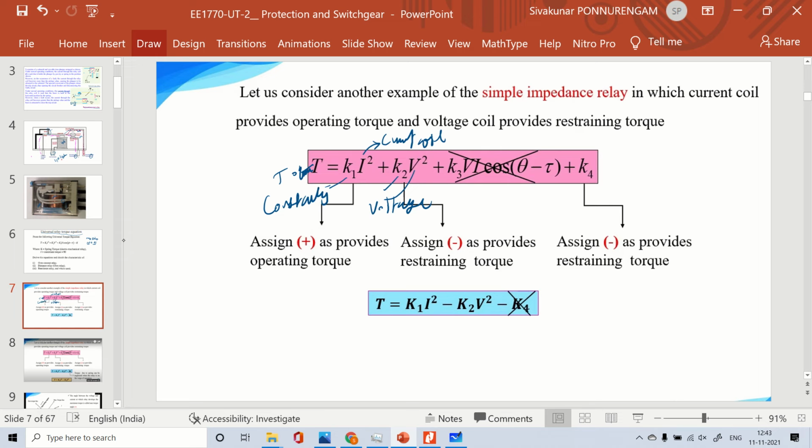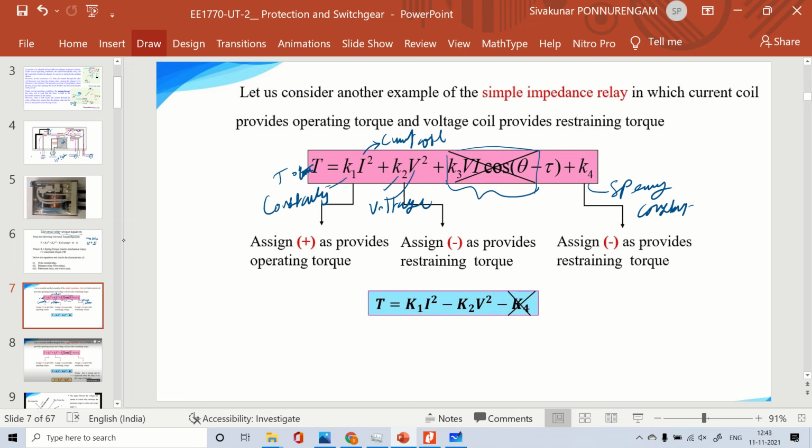This part is utilized during directional operation, which we are going to see later. This is the spring constant of the relay.